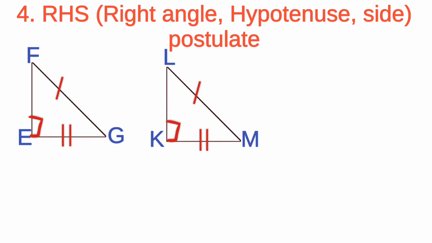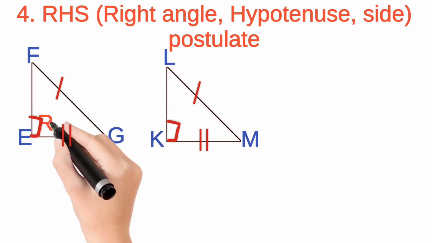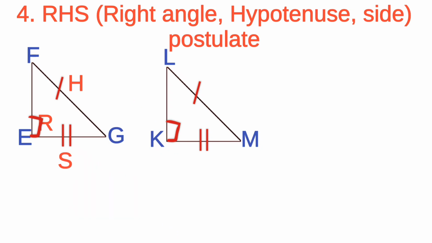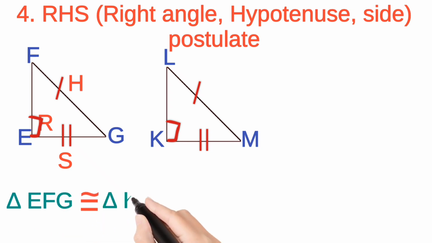And the postulate that proves that is what we call RHS postulate, because we have the two triangles, first of all, are right angle triangles, and the hypotenuses are also congruent, and we also have two sides that are corresponding to each other. So we can say that triangle EFG is congruent to triangle KLM.